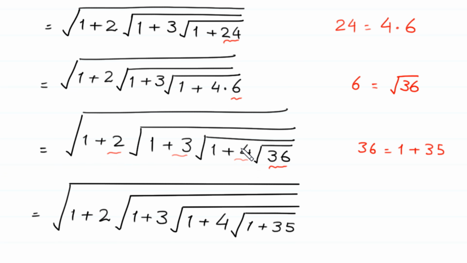And because the number next to this 4 is 5, we convert this 35 into 5 times 7.